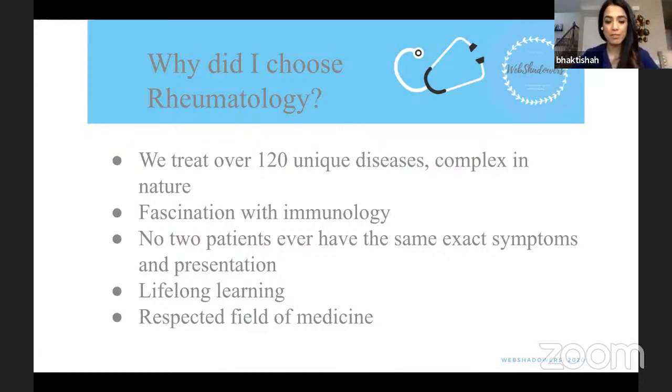And that's something else I love about this field, along with the fact that you're always a student in medicine. It's not that you're just done with boards and you're done. You are always learning because, like I said, the field is ever evolving. And I love that. I love being a student. I know most people laugh when I say that, but to this day, I love being a student. I'm always reading. I'm always finding other avenues to expand my knowledge. Lifelong learning is an important part of medicine, so it's another reason I love rheumatology.